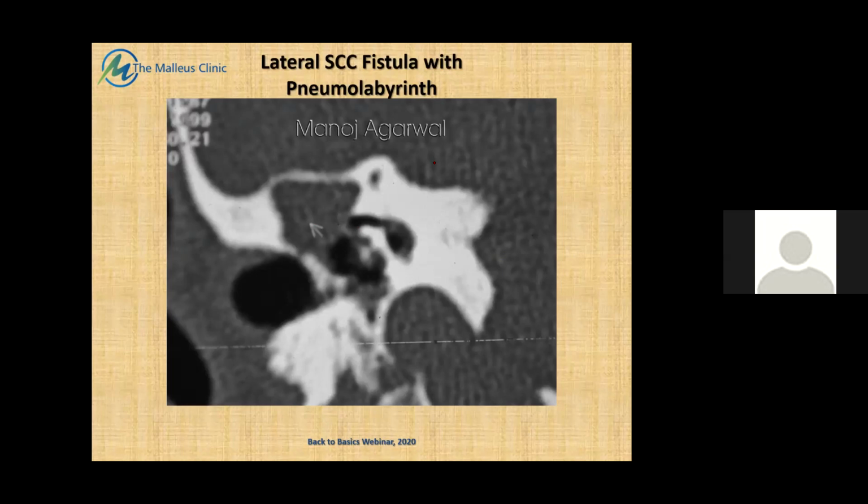This is another patient here where not only do you see a fistulous communication between the mass in the middle ear and the lateral semicircular canal, but you also see that this shadow is isodense.